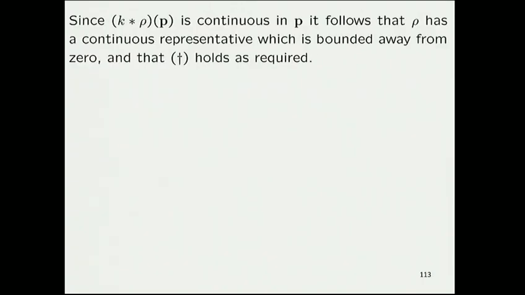So now since k star rho, the spherical convolution, is continuous in p, that means that rho has a continuous representative, which you get from integrating the equation, and it's bounded away from 0, because the log is bounded away from minus infinity, and so the Euler-Lagrange equation holds.